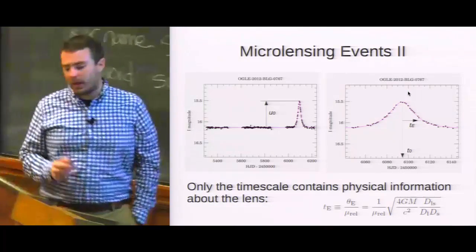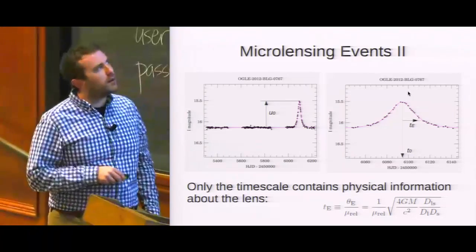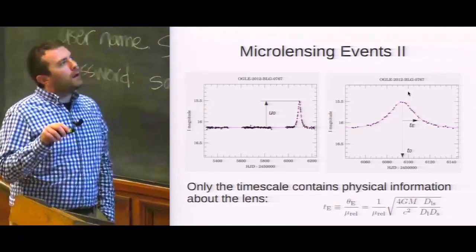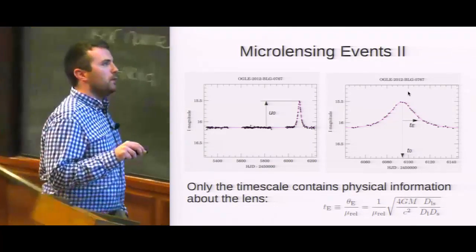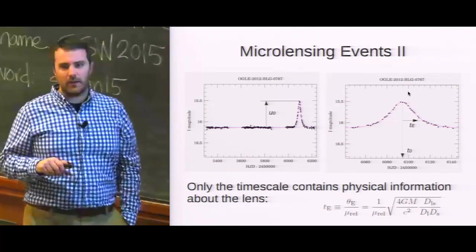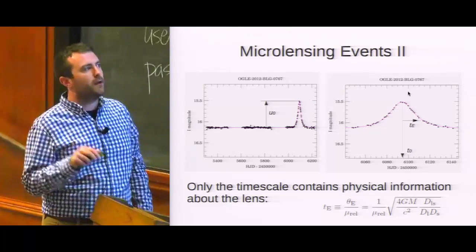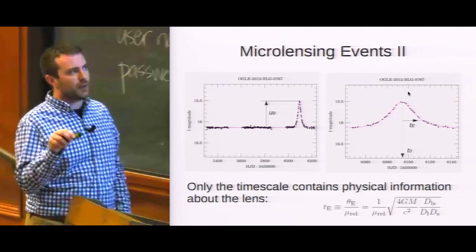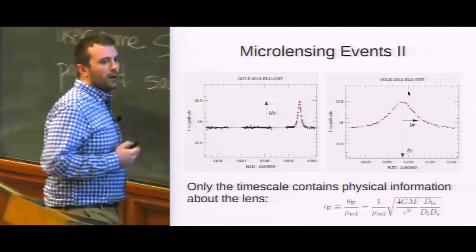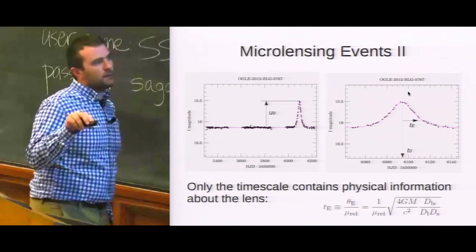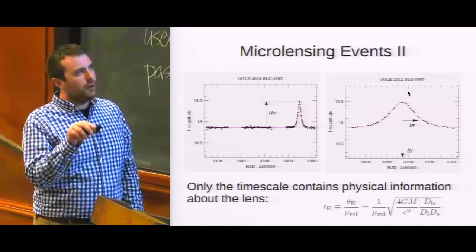And so this is an actual microlensing event discovered by the OGLE survey. It's run-of-the-mill. OGLE finds thousands of these a year now. But you can basically read off the parameters from a light curve. The time scale is a bit like half of the full width at half max. Not exactly, but close enough.